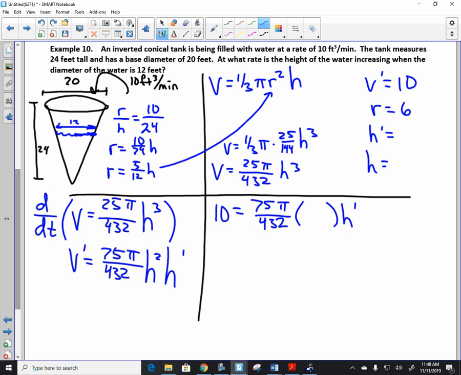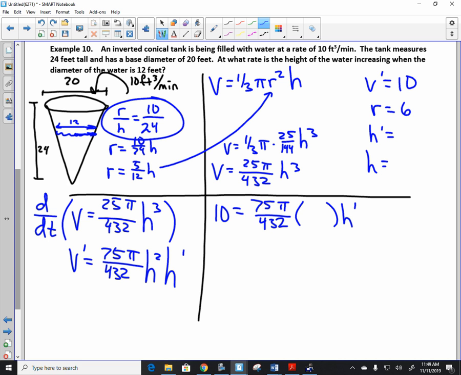Can we figure out the height of the water? We have a relationship right here. R over H is 10 over 24. Do you know the current radius of the water? What is the current radius? So 6 times 24 divided by 10, right? 6 times 24, 144, divided by 10, 14.4.